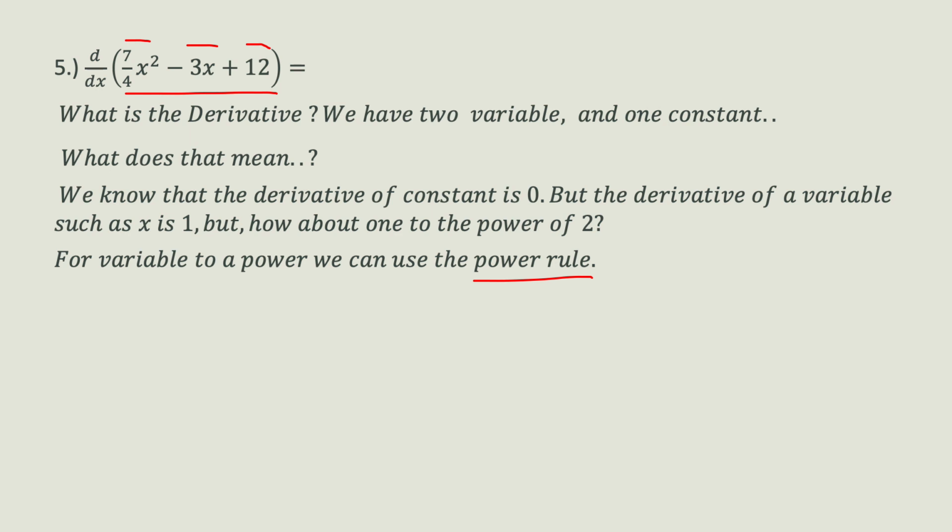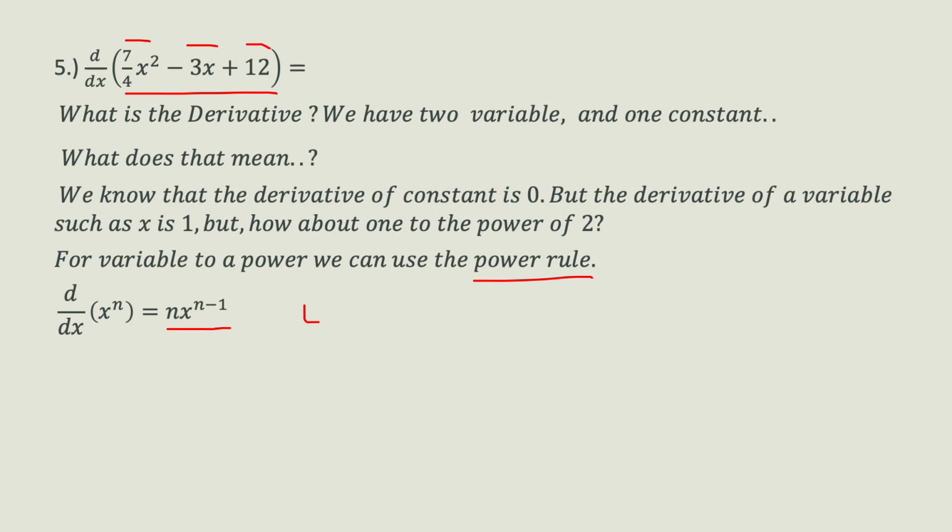But we'll simply write it here: d dx of x to the n equals n x to the n minus 1. This basically means that whatever power you have, such as x to the n, when you take the derivative of it, you place the n in front of the x, and then you subtract 1 from the power.